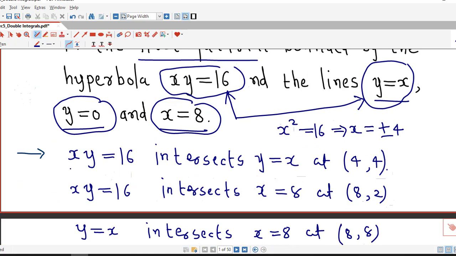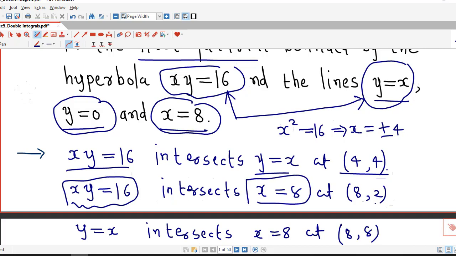So we have written here, xy equal to 16 intersects y equal to x at 4, 4, and xy equal to 16 intersects x equal to 8 at point 8, 2. If we put x equal to 8 in this equation, we will have 8y equal to 16, that will give us y equal to 2.